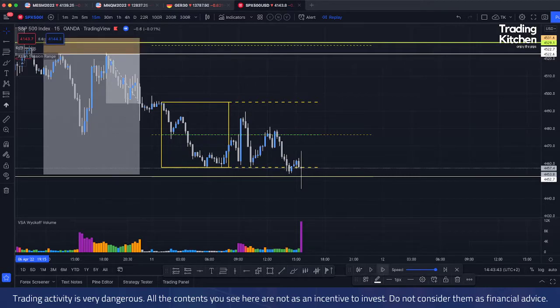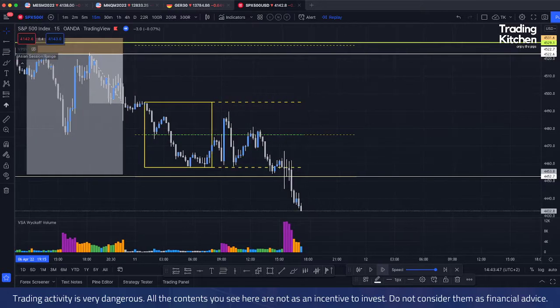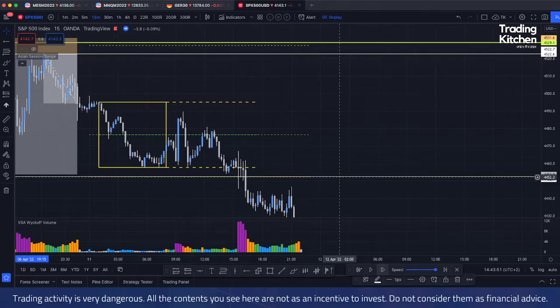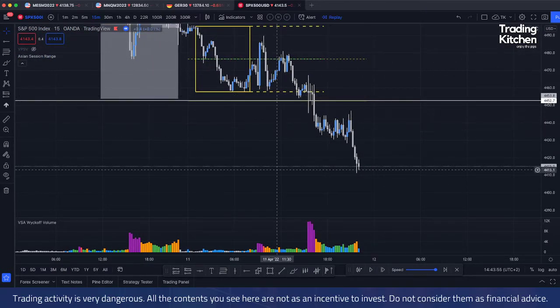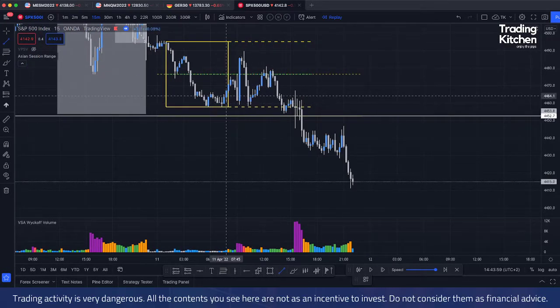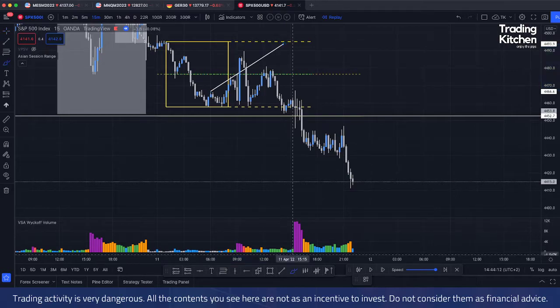So let's see what happened. No engulfing, so price broke the zone and went down. As you can see, we did not take the trade because we are inside another trade, but this is another very good wolf wave pattern, where price broke the trend line, re-entered, and made a very good intraday pattern.